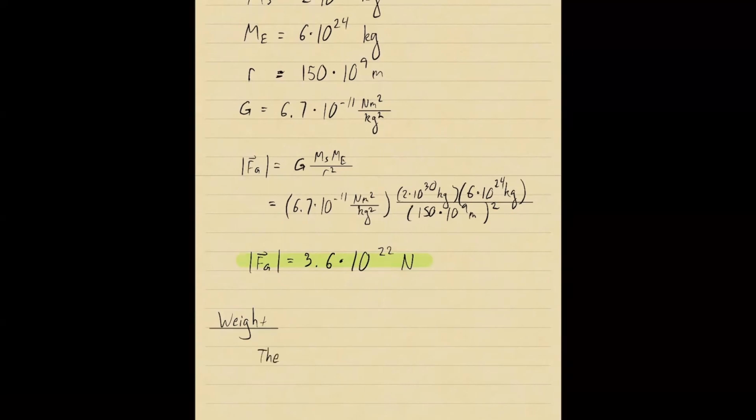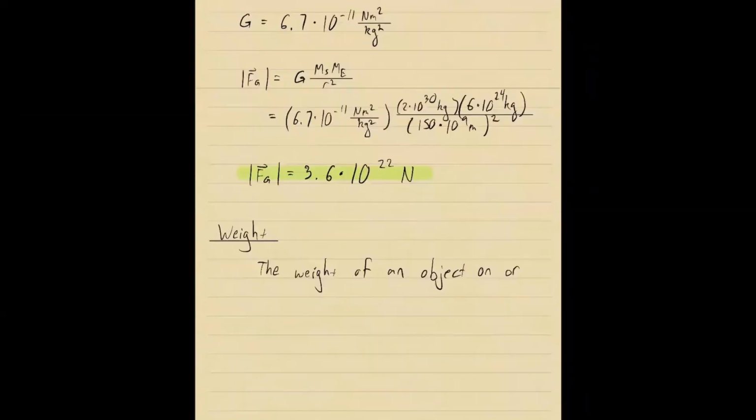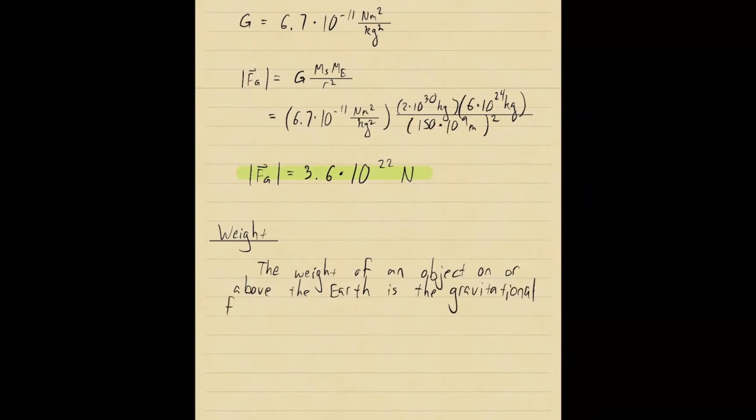The weight of an object on or above the Earth is the gravitational force that the Earth exerts on the object.